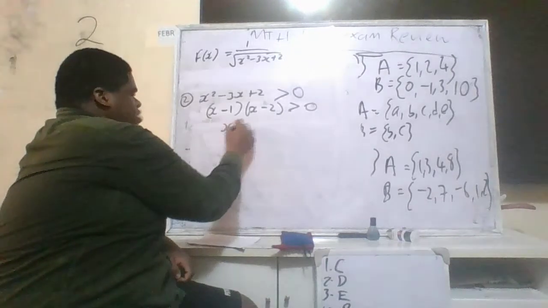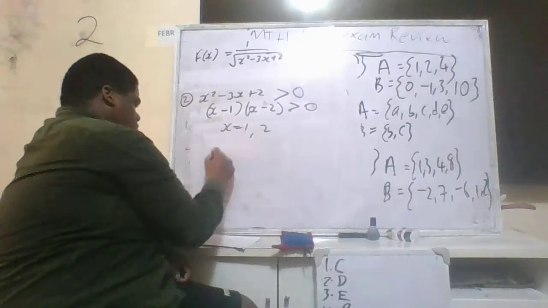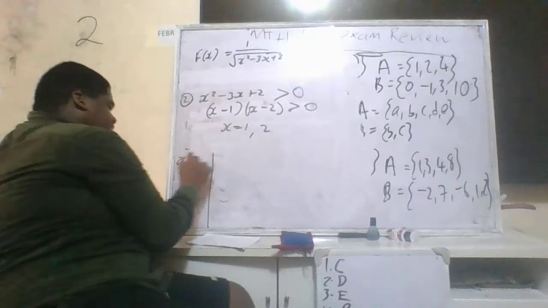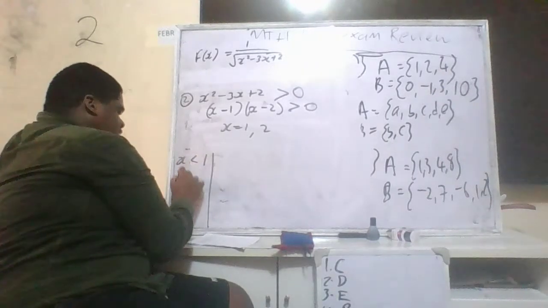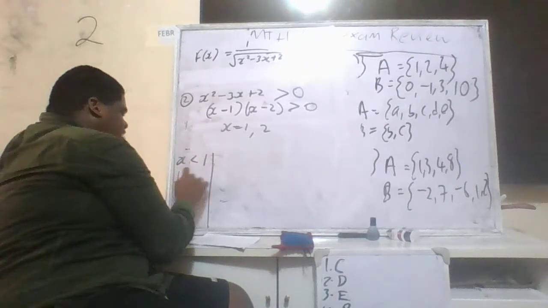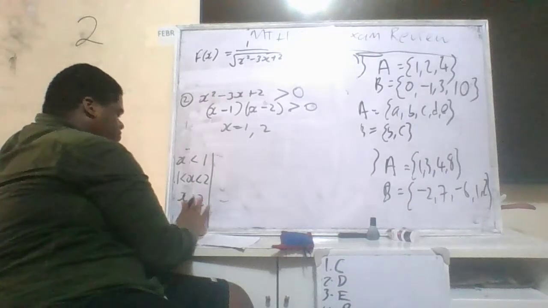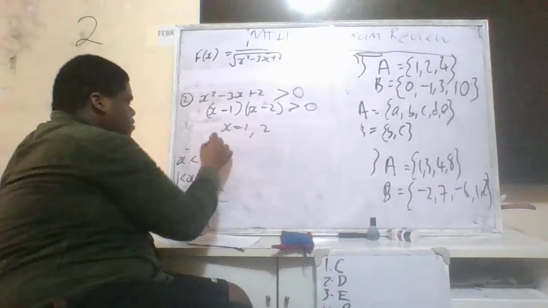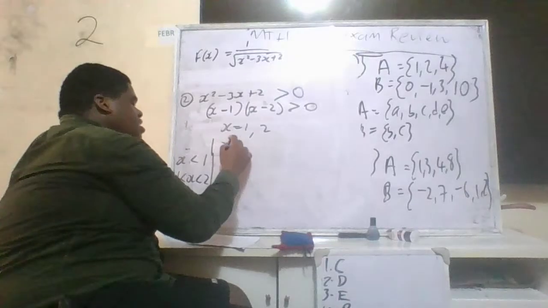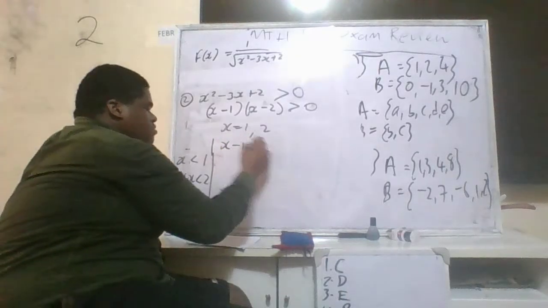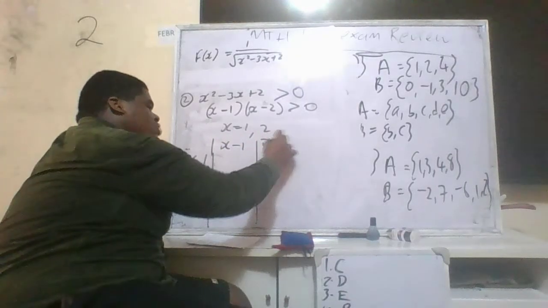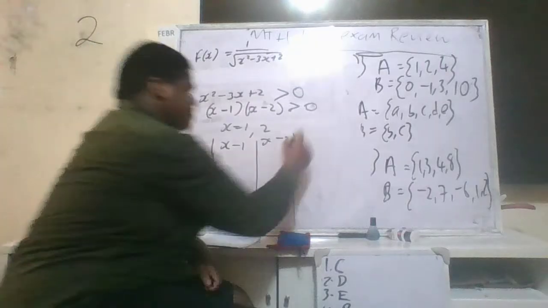Since we have x equal to 1 and 2, we can write down here that x is less than 1, 1 is less than x is less than 2, and x is greater than 2. The intervals are evaluated by x minus 1, also by x minus 2, and finally by their product.